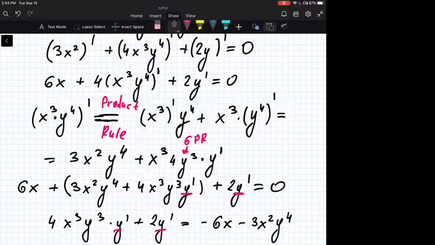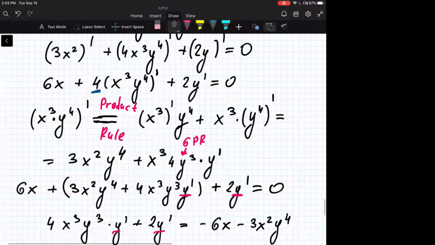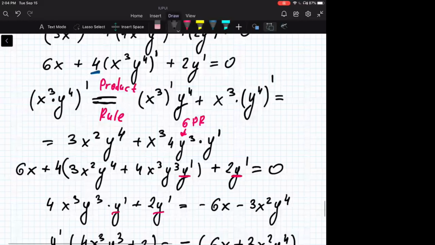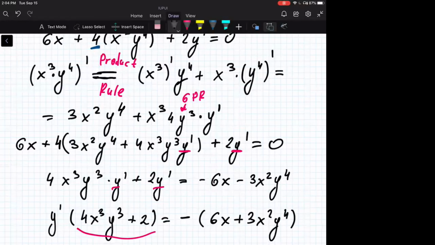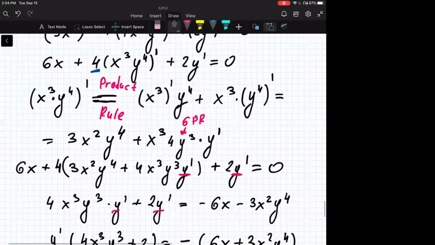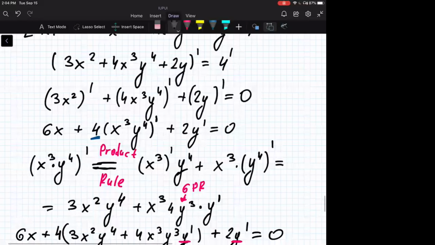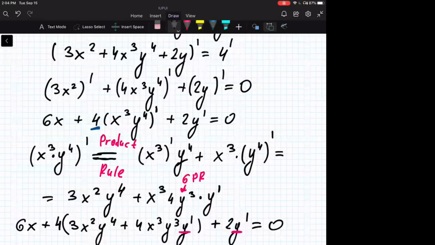Oh, okay, I made a mistake because I forgot this coefficient. So here should be 4 times that. Sorry for that. So what will be changed? Y to the power 4.